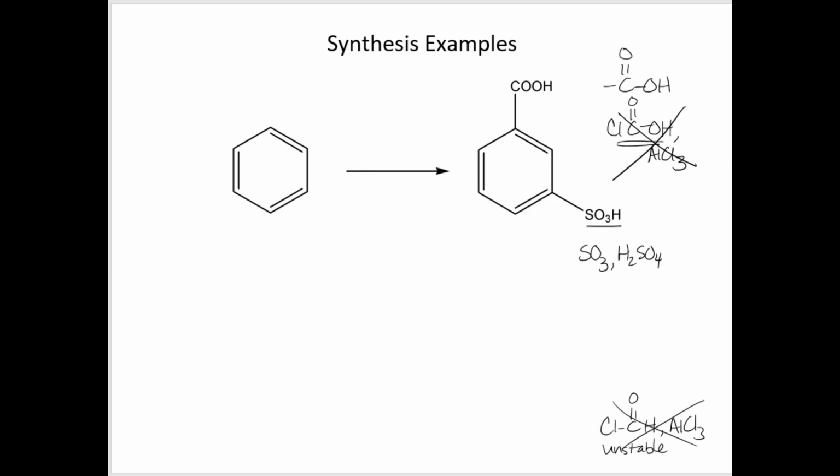So in terms of how do we put a carboxylic acid group on the ring? Well, this is where we should probably think about some of the reactions that we've talked about before. So one way I could think about doing this would be to put an alkyl group, any R group, any alkyl group on the ring. What reagent did I use to convert that methyl group, that alkyl group, into a carboxylic acid?